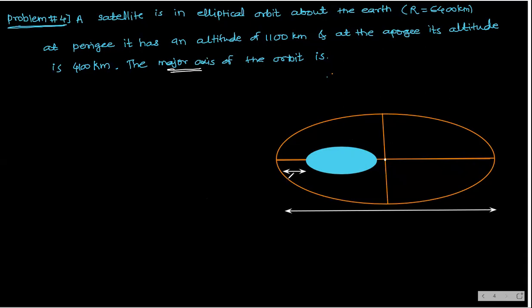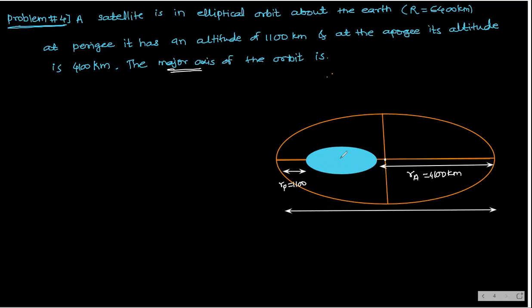How much is this, perigee? Perigee is 1100, right? So RP is equal to 1100. After that this distance is also given. Which one? This is RA, right? How much RA? 4,100 kilometer.